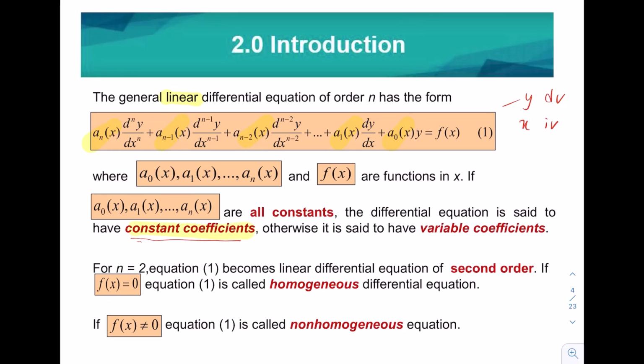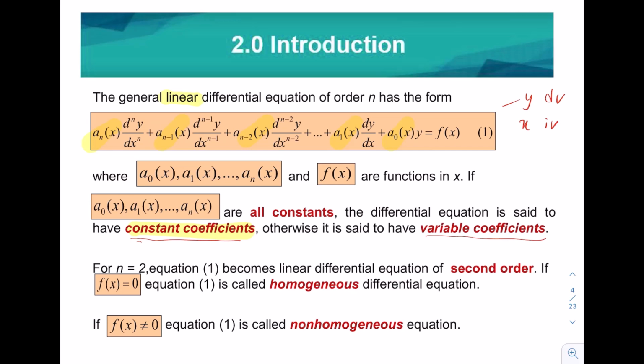That is correct, because the coefficient of all the derivatives as well as the dependent variable are all constant, so this is called constant coefficient. Otherwise, it is said to have variable coefficient. Otherwise meaning not all the a0, a1 until an are constant, so it is said to have variable coefficient.